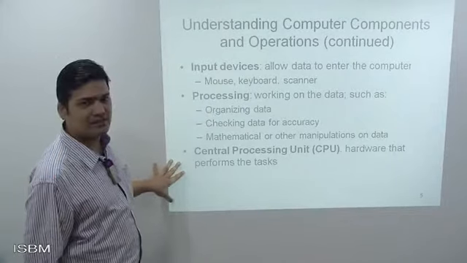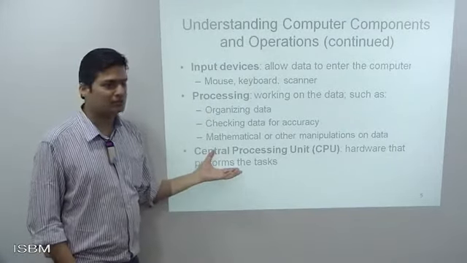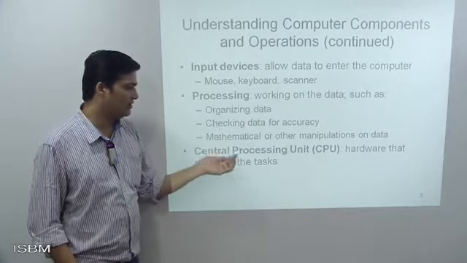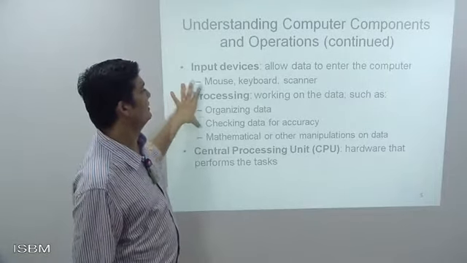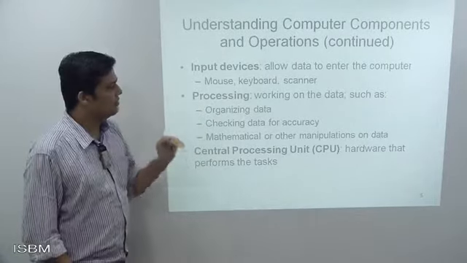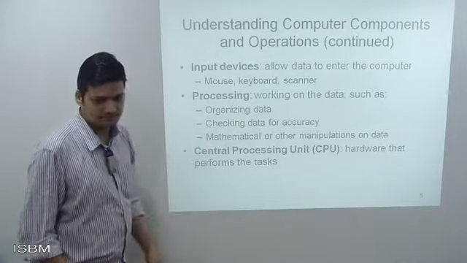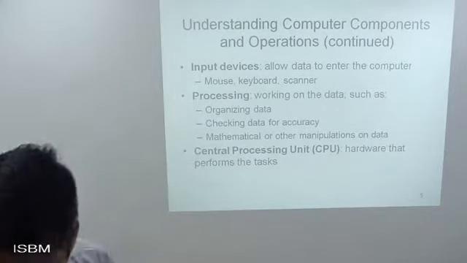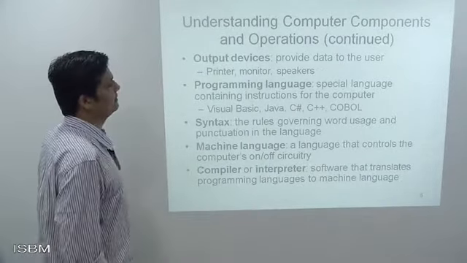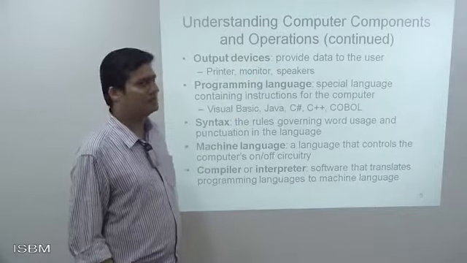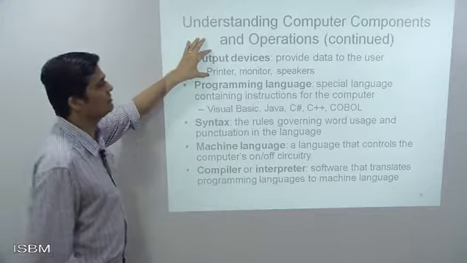The central processing unit, we know about that, it's called the CPU, the hardware that performs the tasks. The CPU and the input devices are some components of the hardware side. Then we have output devices like your printer, monitor, and speakers. We have seen this, so I'm not stressing much on input and output devices.